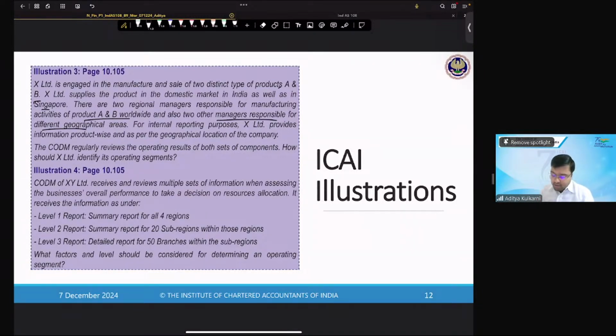For internal reporting purposes, X provides information product-wise and as per the geographical location of the company. The CODM regularly reviews the operating results of both the sets of components. How should X Limited identify its operating segments?